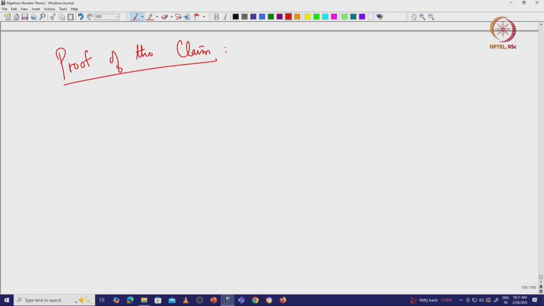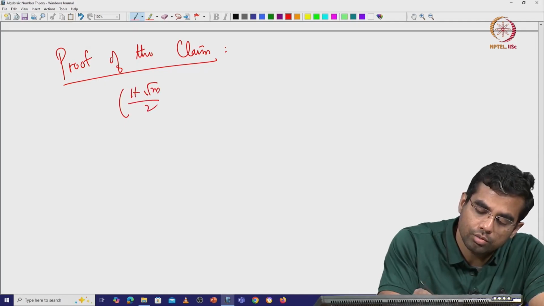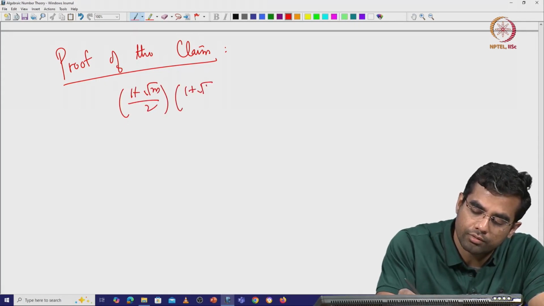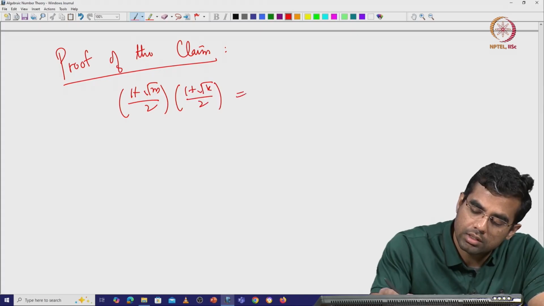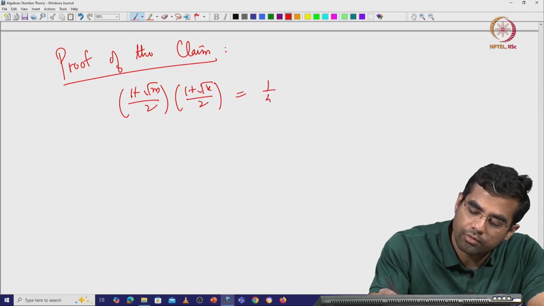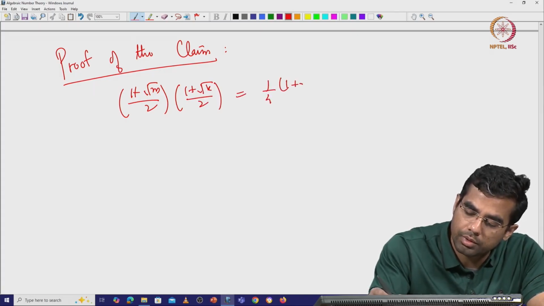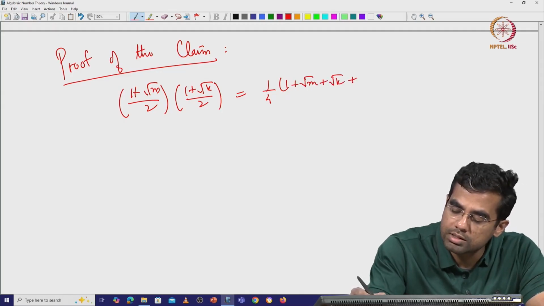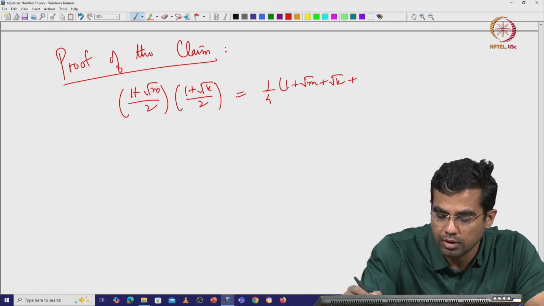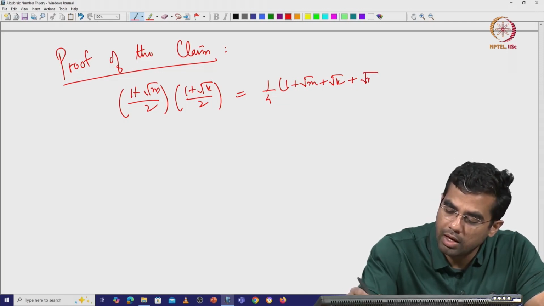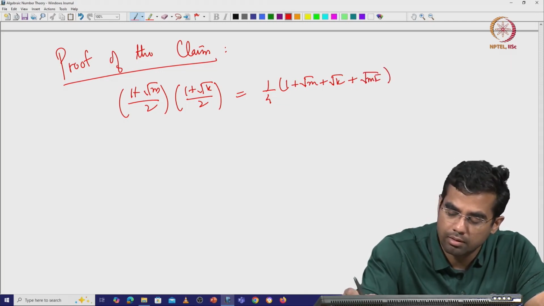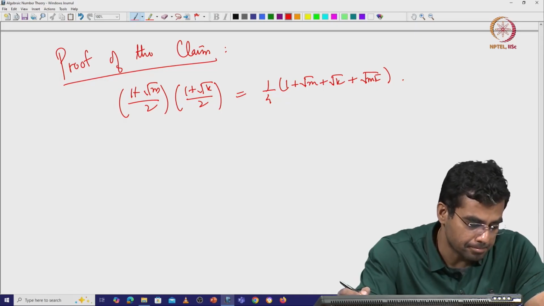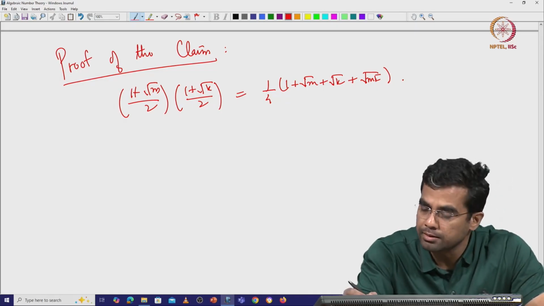Right. So, what is 1 plus square root of m by 2 into 1 plus square root of k by 2? This thing is 1 by 4 times 1 plus square root of m plus square root of k plus square root of m k. Right.